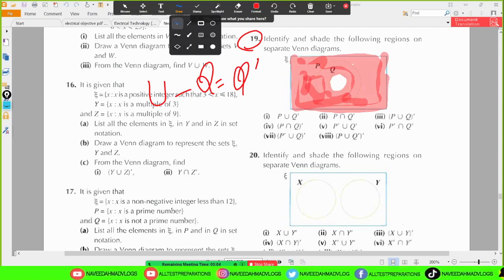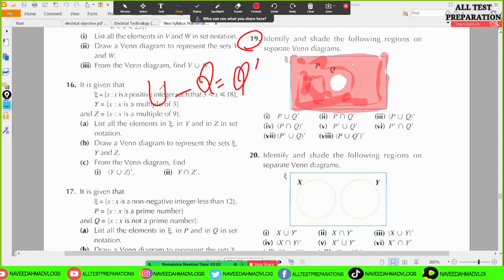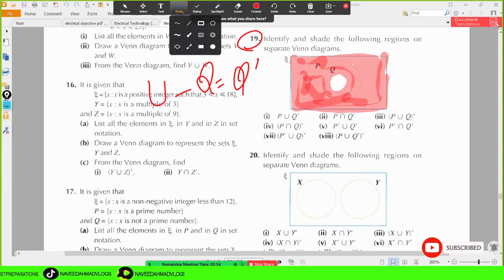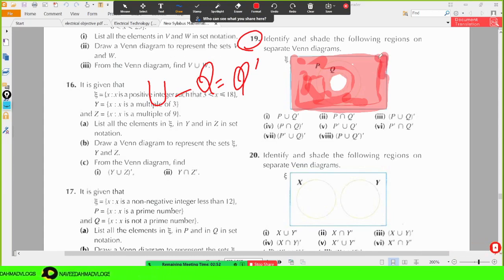Q bar means all area of the universal set which is not the area of Q. So I shaded that. Now this is my Q bar.